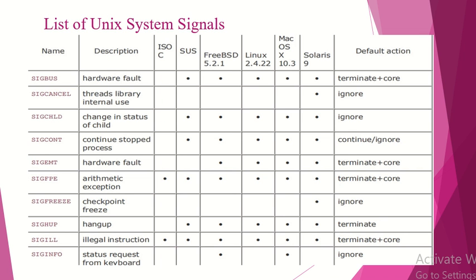SIGHUP is hang up, meaning some kind of process hangs in the OS, and that's why this signal SIGHUP is generated and the action taken is to terminate. These are the kinds of signals which are generated, with their descriptions, and after that some default actions are placed over here. I think you got the concept.